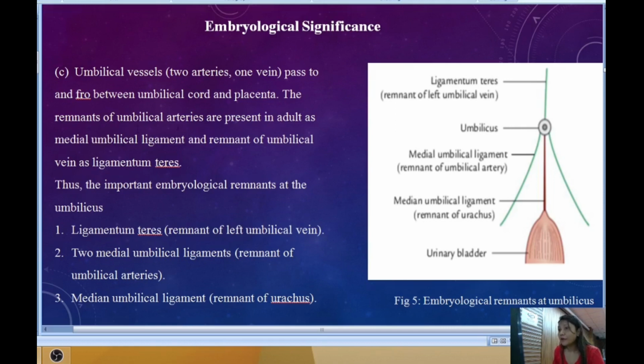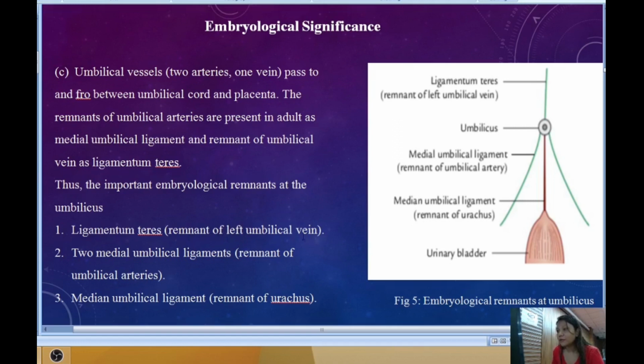The remnant of the umbilical vein is the ligamentum teres, the remnant of the left umbilical vein. Always remember, left is left behind. Actually we have two umbilical veins, right and left, but the right regresses and the left is left behind.